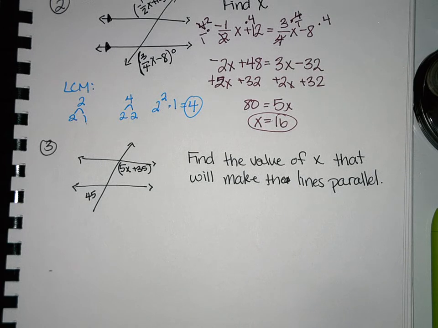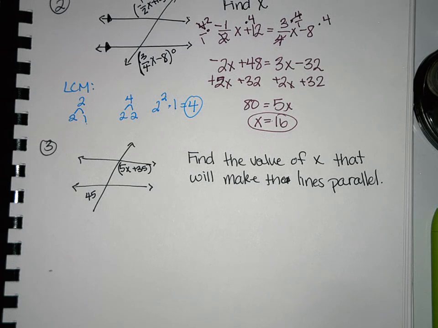Because it doesn't match adjacent or consecutive interior. You just follow what you said before about they're supplementary. But how do you know that? Because it doesn't match either of those relationships.